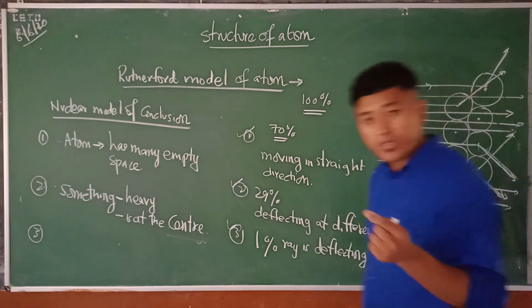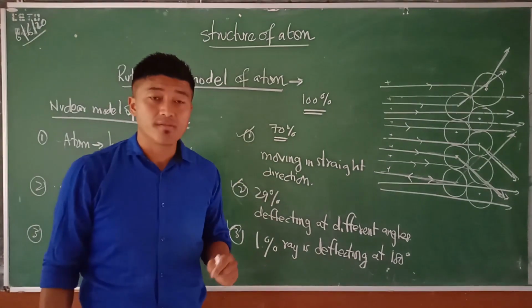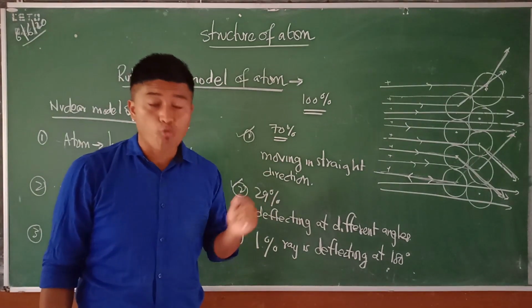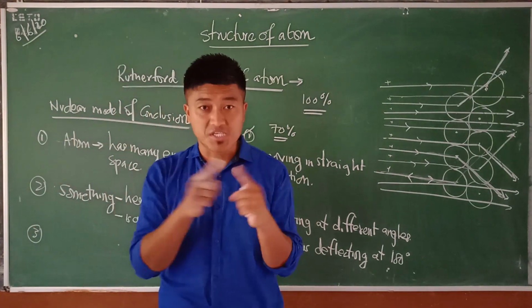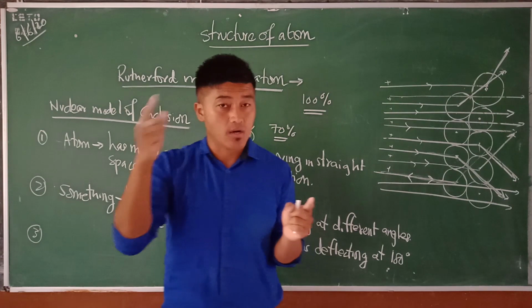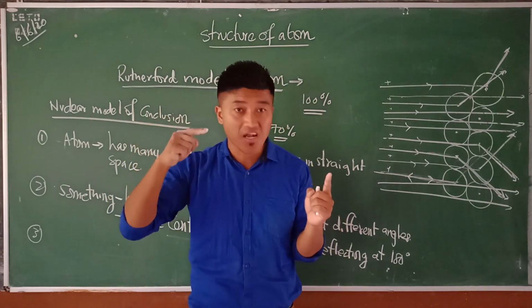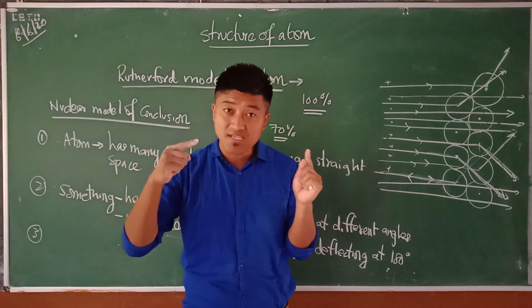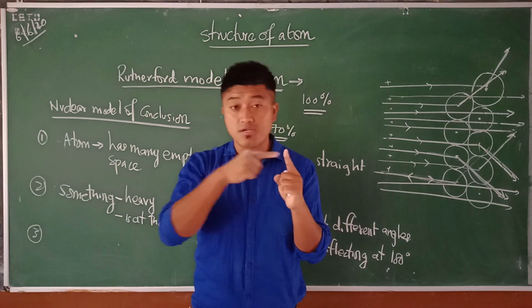So what we come to know from this is that the something present at the center is positive by nature. Why positive? Because the positive ray and this positive repel each other. The positive alpha particle is coming with a positive charge, and the something at the center is also positive by nature, and positive and positive repel each other.